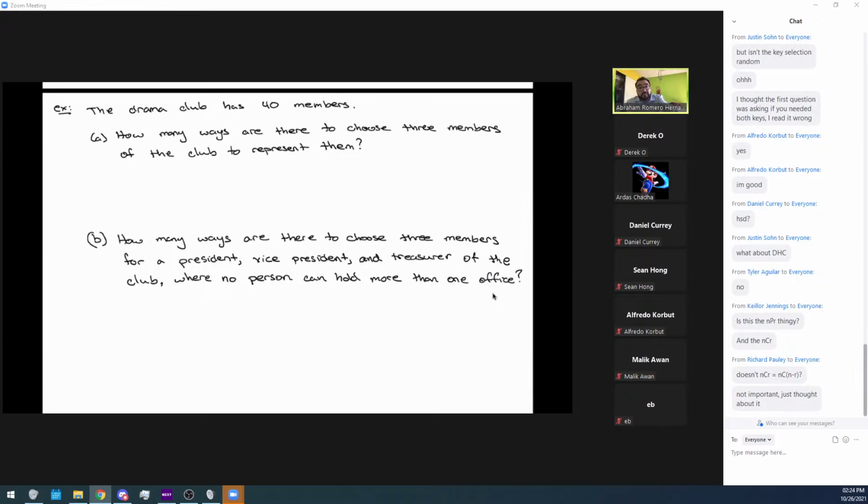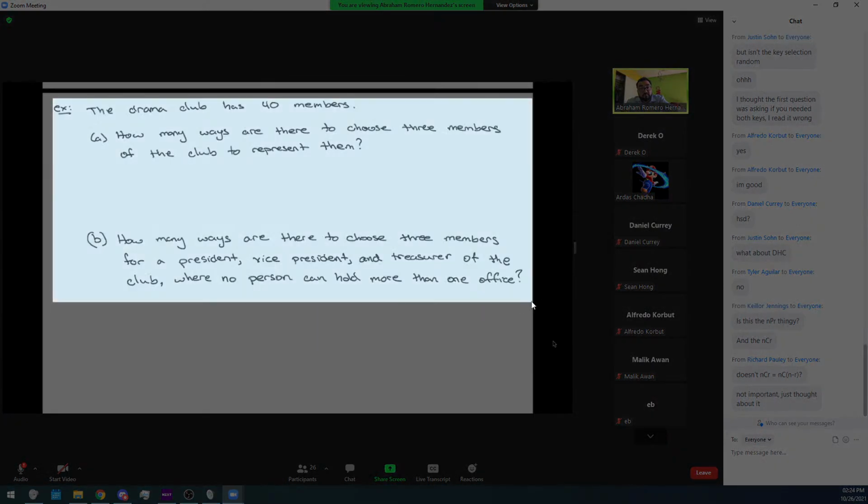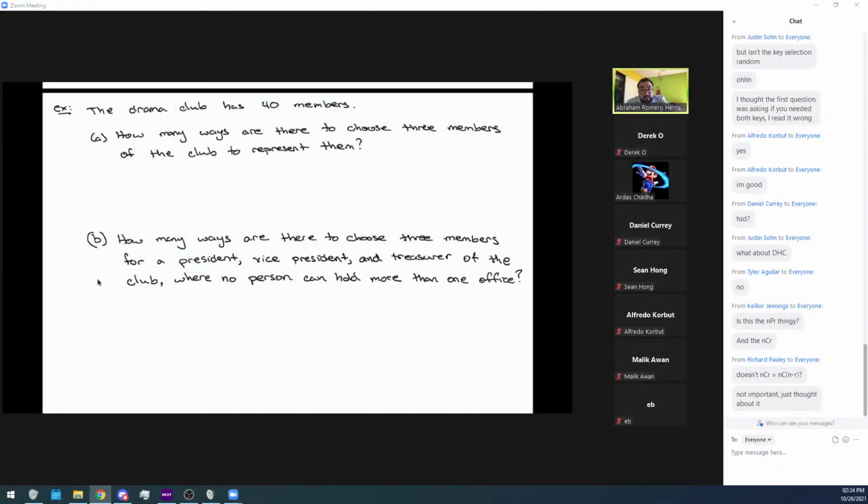So let's look at these 2 examples. I'll give you a minute to write these down.